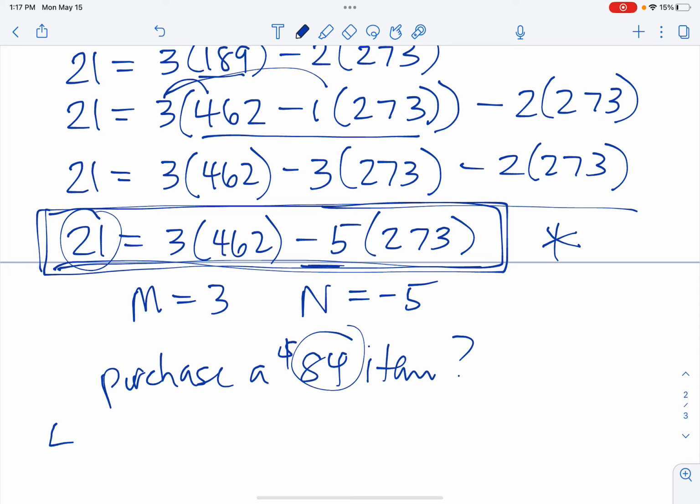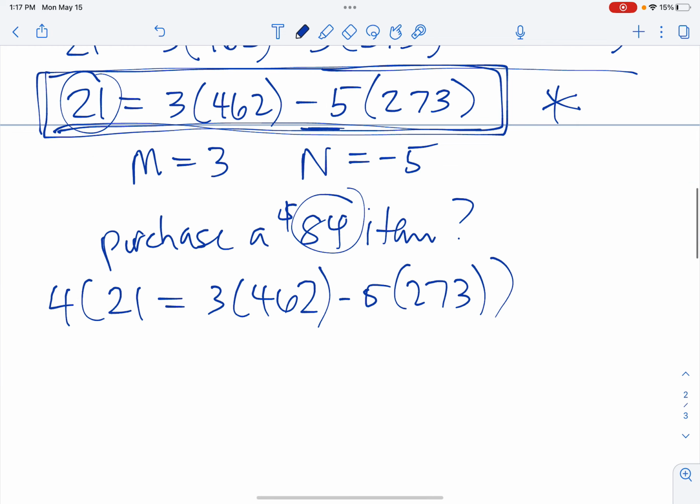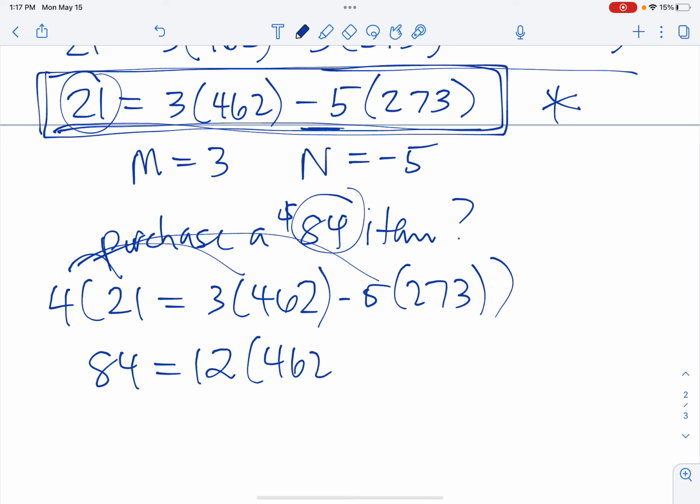So I can take that entire equation and multiply through by 4. Right? So I'm just going to distribute the 4 throughout. That's 84 there. And here I'm just going to multiply the front numbers. That's 12 462s, 20 273s.